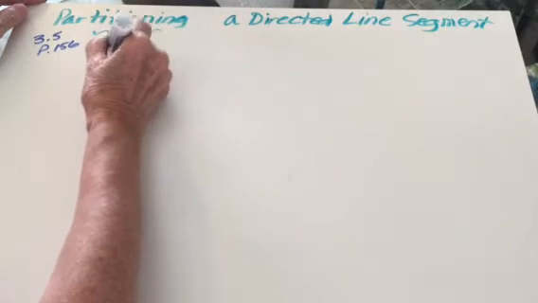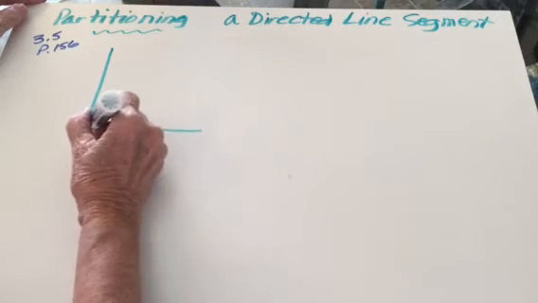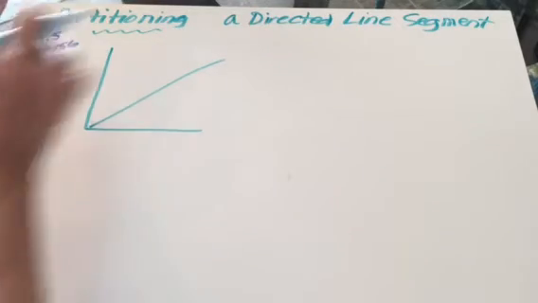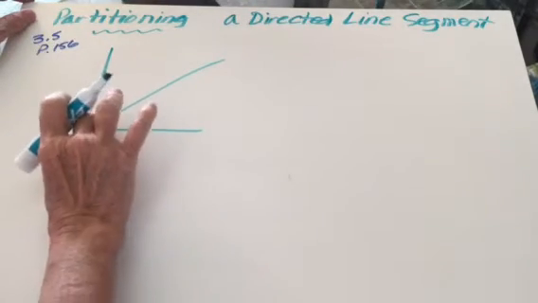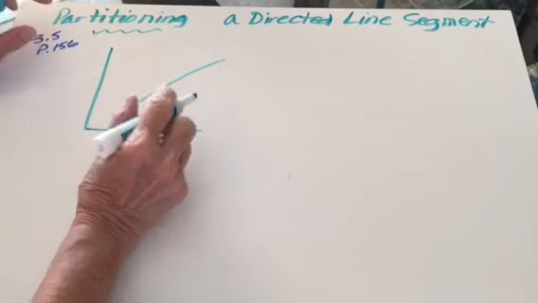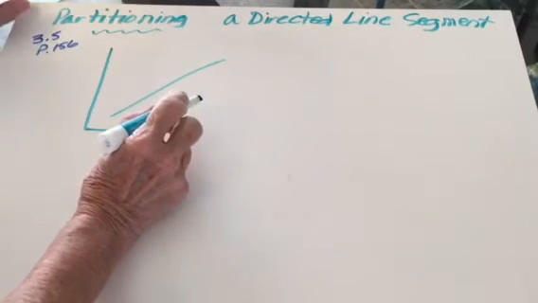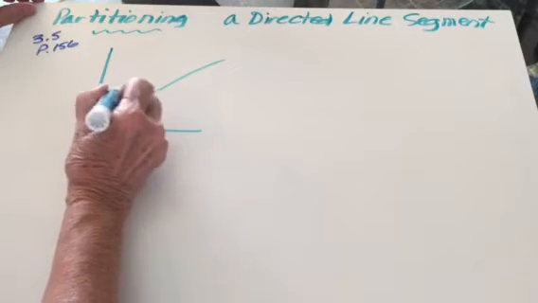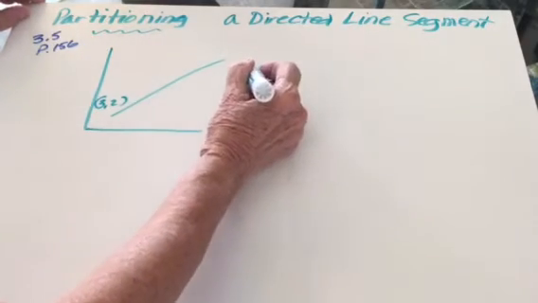So let's say we have a line segment that starts up here somewhere. We're going to call this point (3, 2), and we're going to call this point (6, 8).